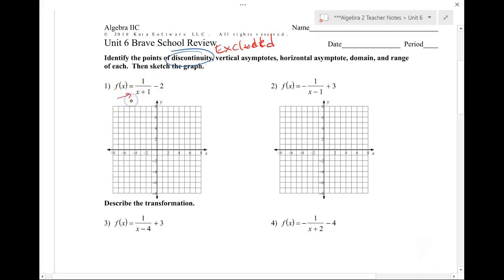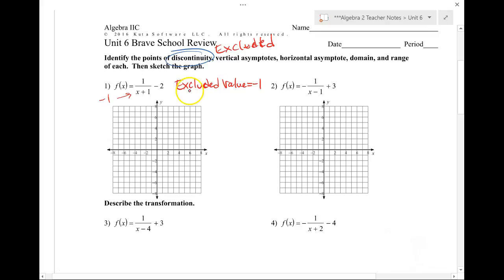So what number do I have to plug in to make that function undefined? Well, it would be -1, because -1 plus 1 is 0, and we can't have 0 in the denominator. So our excluded value, which is also the same thing as your point of discontinuity, is -1.